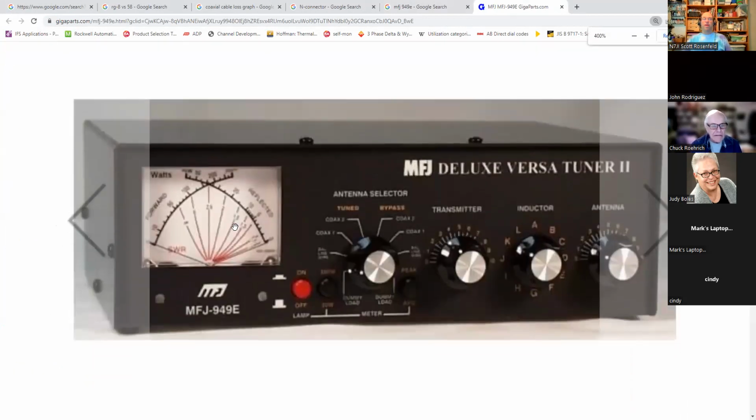What do we have there a picture of? Notice it says forward and reflected watts. We have two different meters. We have one for forward and one for reflected. We want our forward power to be forward, and we want no reflected power. Where the two needles that we have intersect tells us what our standing wave ratio is and how good our match is.